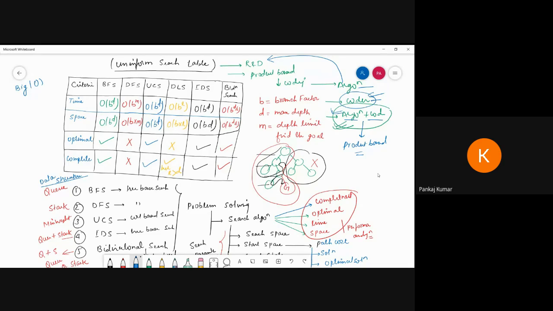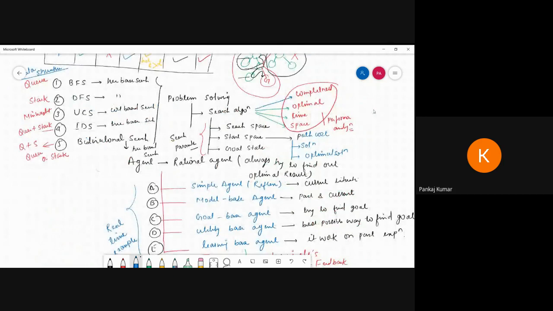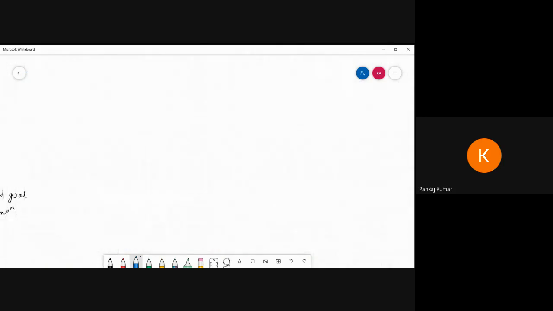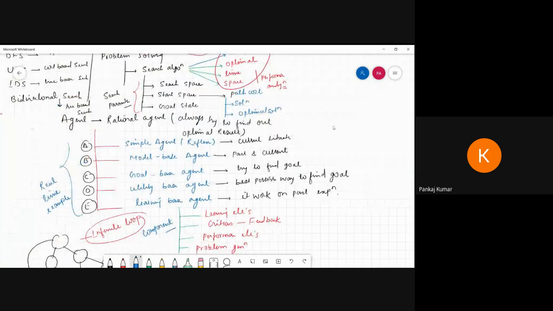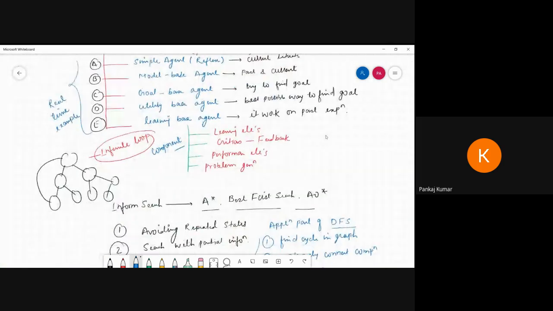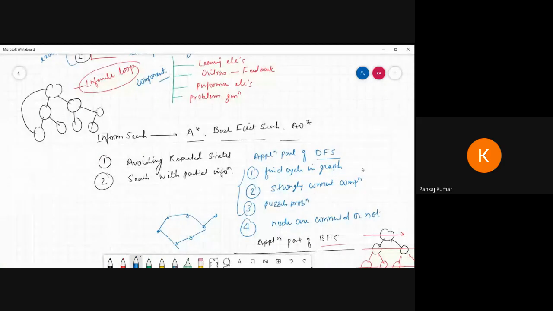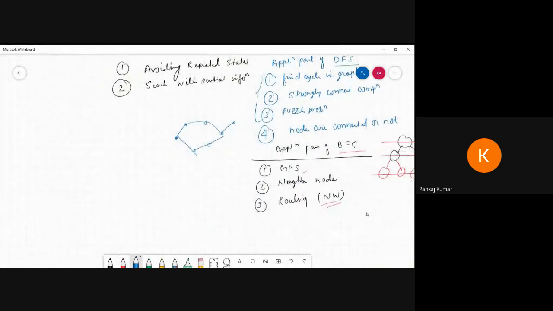Whatever I am writing, if you are interested, note it down and follow it. For the internal assignment, since your one chapter is completed, here is one assignment for you. Just a basic one; I'm not interested in giving too many assignments to students.